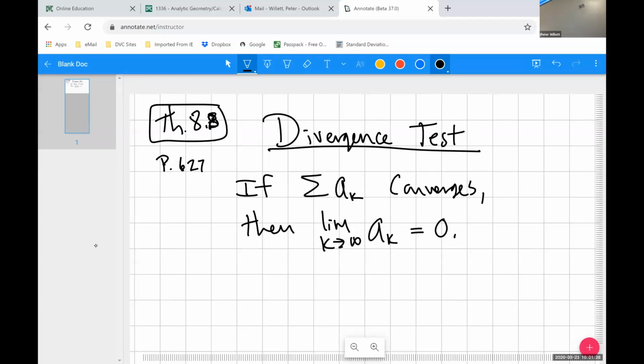So what this basically says is that the only way it's possible for a series to converge, only possible, doesn't mean it has to happen, is if the terms go to 0.